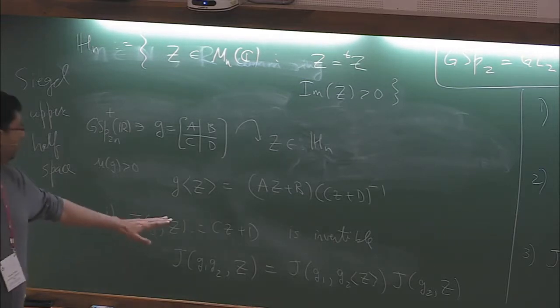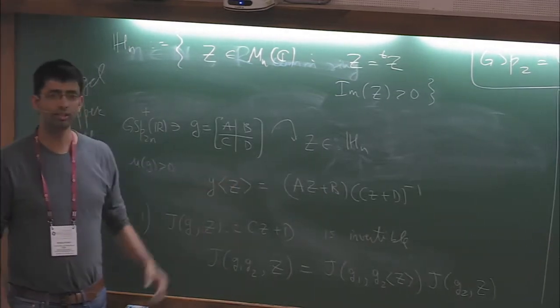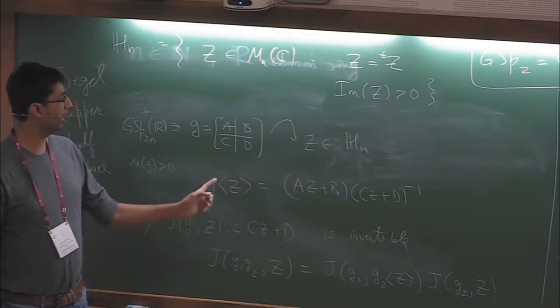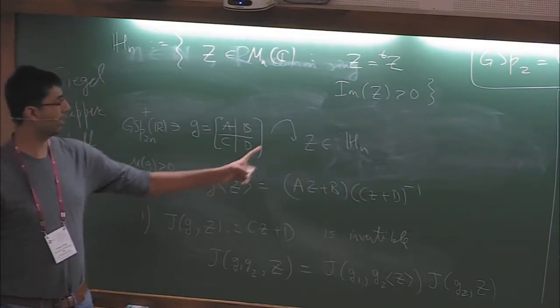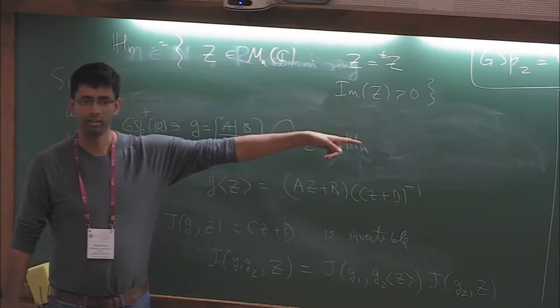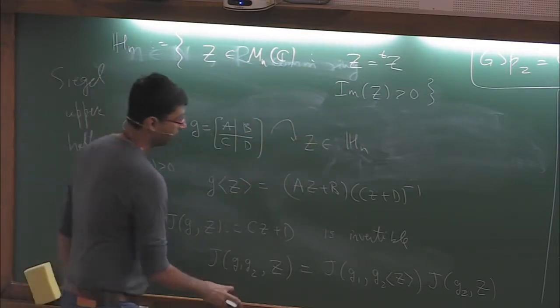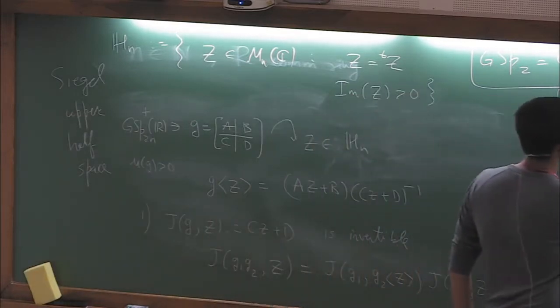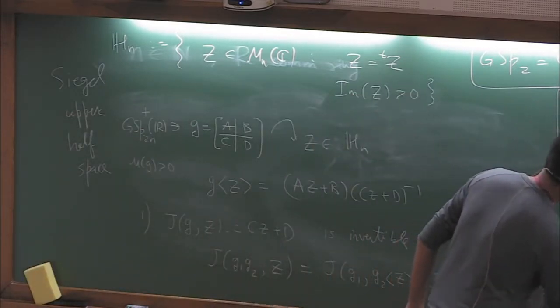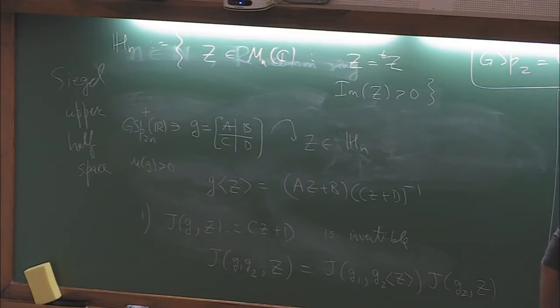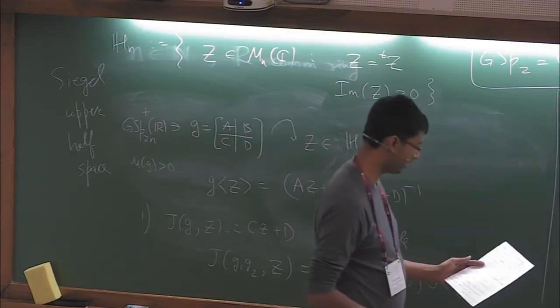So this tells me that I can define gz, but that still does not mean that my matrix which I started in H_n lands in H_n. I need to see that it is symmetric and its imaginary part is positive definite. As I said, there is some amount of work to be done, a little more than in the genus 1 case.